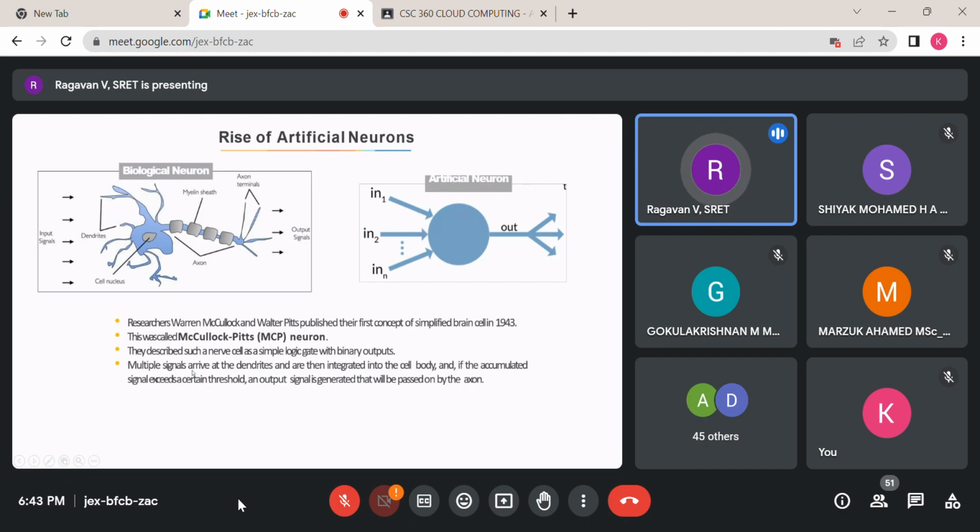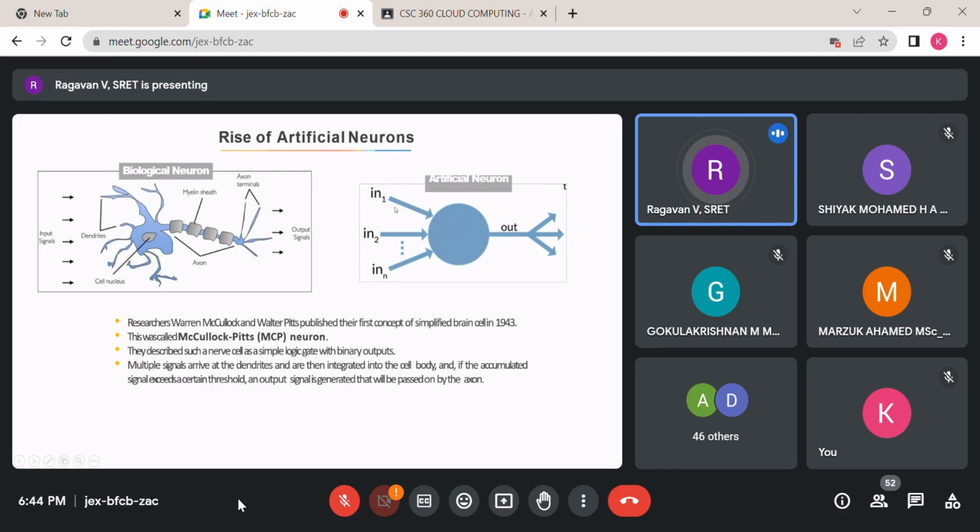Okay, so multiple signals arrive at the dendrites and are then integrated into the cell body or nucleus. If the accumulated signal exceeds a certain threshold, this point is covered in ANN by a technique called the activation function, and an output signal is generated that is passed by the axon. Here also it is the same. So this is the comparison, guys. The summary is: the biological neuron has multiple input signals received by the dendrites.